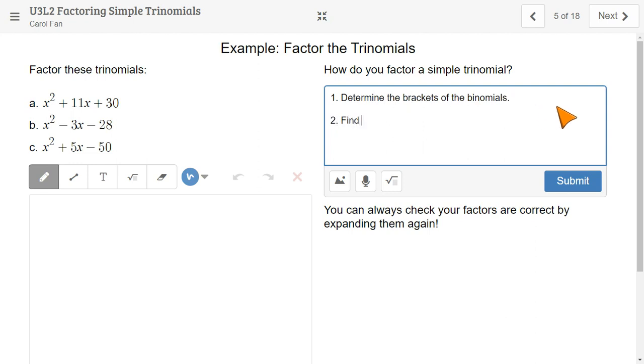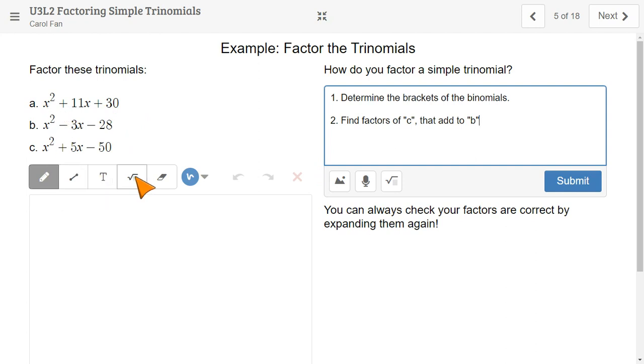Then we're going to find factors of c. What are the numbers that multiply to c and add to the b term? And since factoring is the opposite of expanding, if you expand your factored form, you should get exactly the same as your original trinomial. So let's do this.